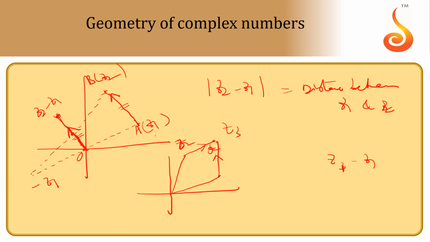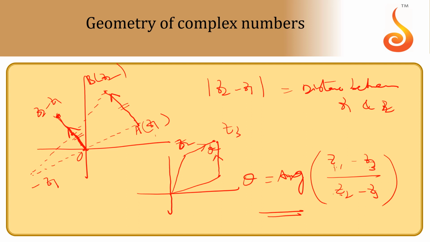Suppose you want to write Z1 minus Z3 by Z2 minus Z3, so the argument of this, or amp of this: Z3 is the common point, and the line segments Z1 and Z2 make the angle theta at Z3. So these two things are very important to understand locus problems.